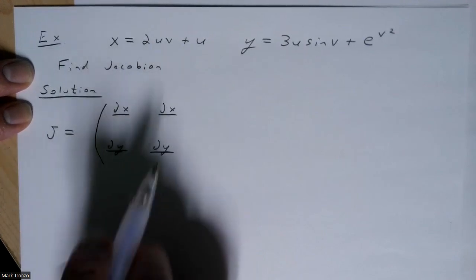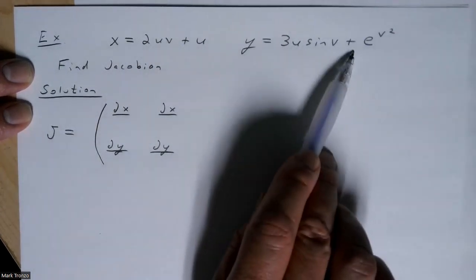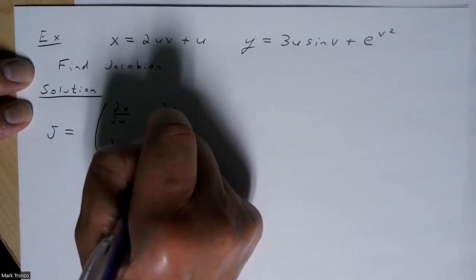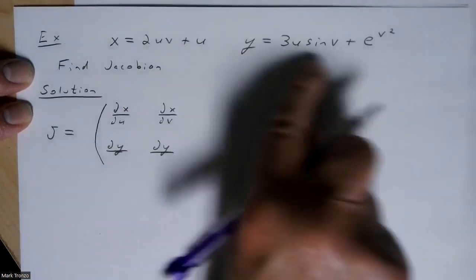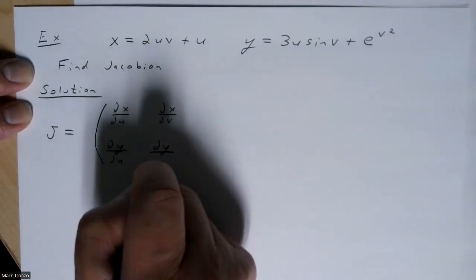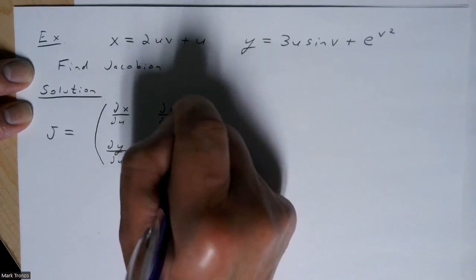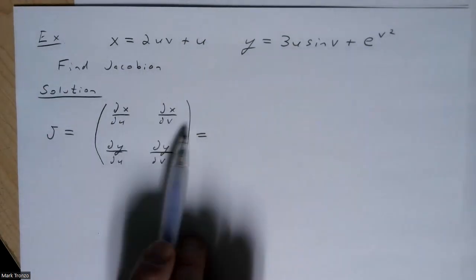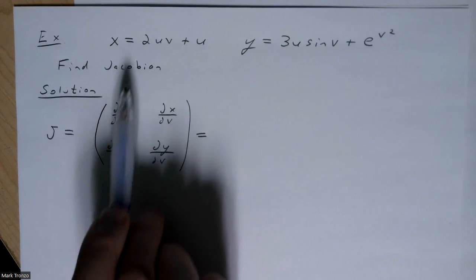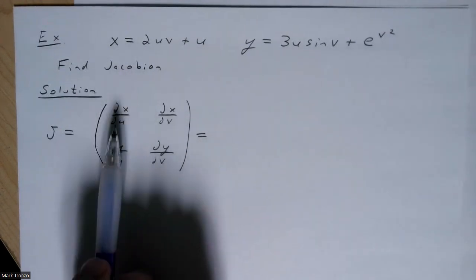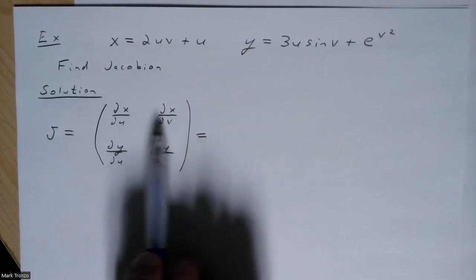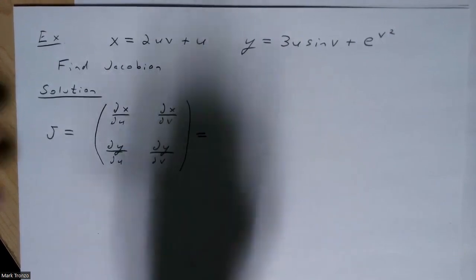Though this time you want to take the derivative with respect to u and v, so it's going to be du, dv like this. Just like before, first function in the first row, second function in the second row, take the derivative with respect to u, then v.